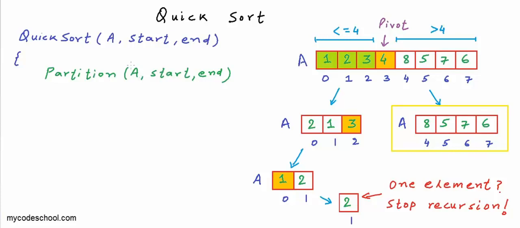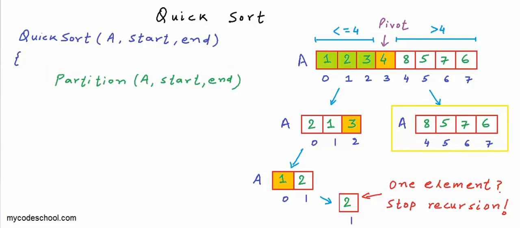Now this function partition, let's say, will rearrange the segment of the array from start till end such that there will be a pivot and all the elements left of the pivot will be lesser and all the elements right of the pivot or towards the higher indices of the pivot will be greater. And let's say this function will return the index of the pivot after rearrangement.